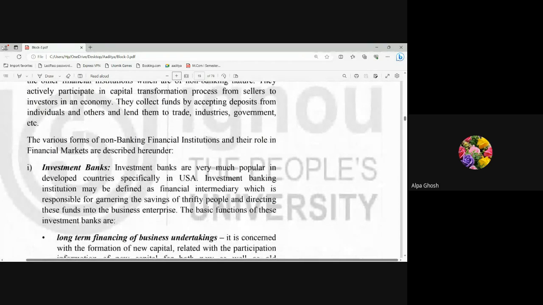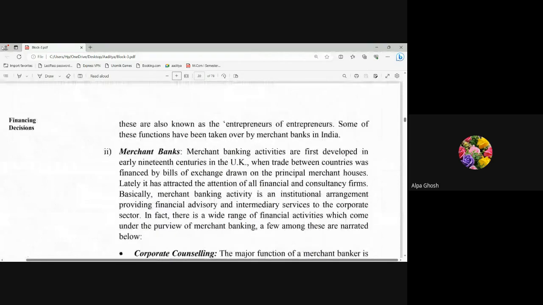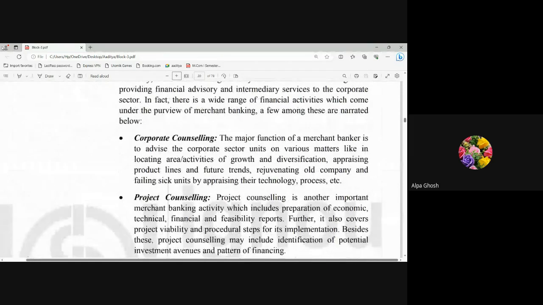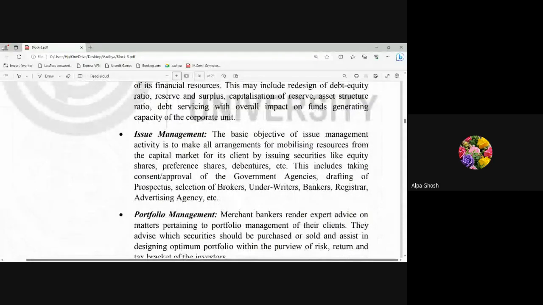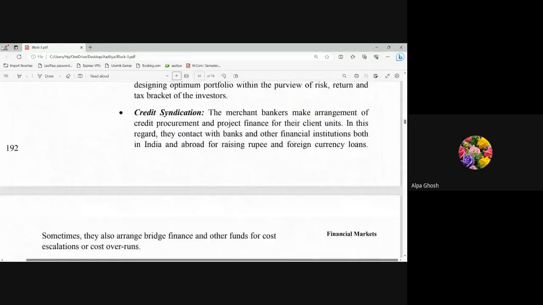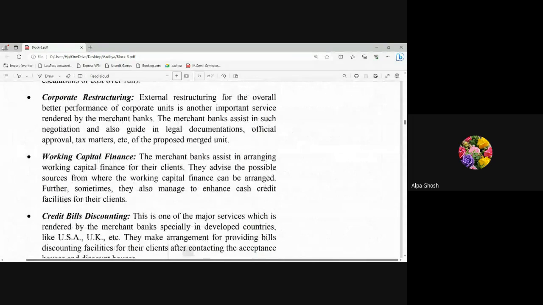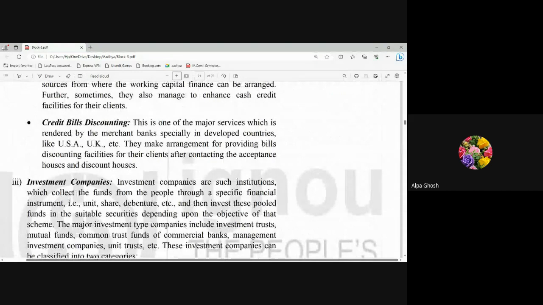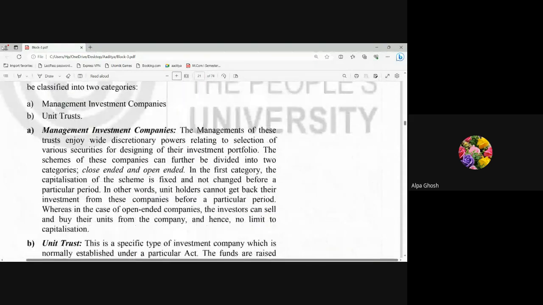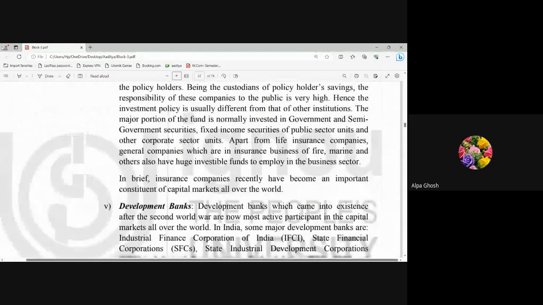We have the investment banks, merchant banks who are not into direct banking, but they're into project counseling, they're into restructuring, issue management, portfolio management. They help in restructuring your financial structure. They provide you with working capital finance. So these are all the components of your capital market.